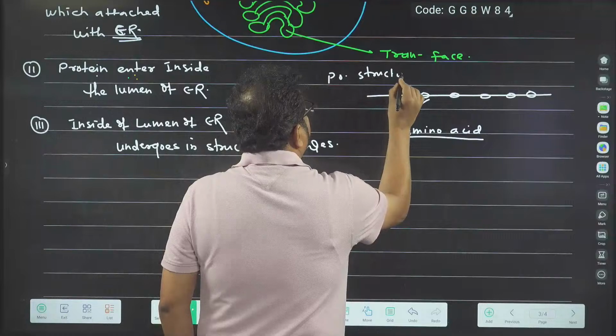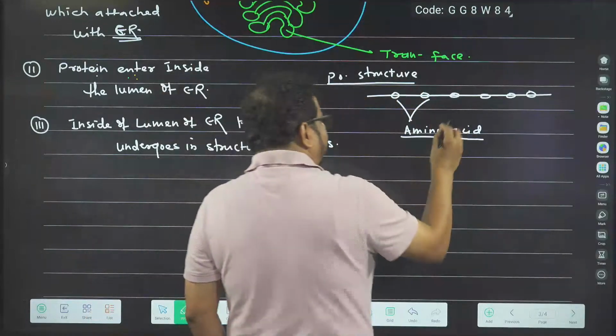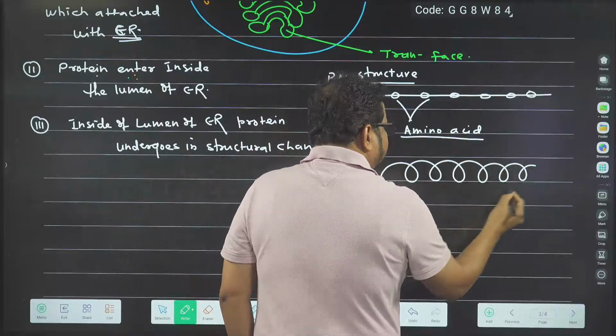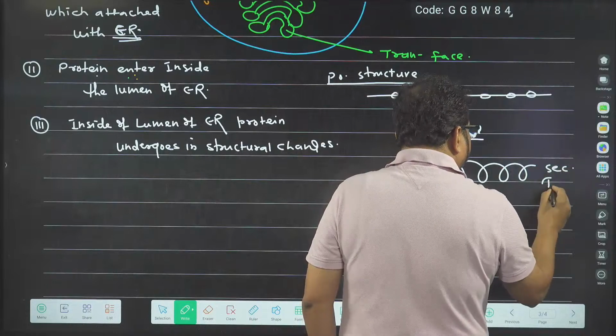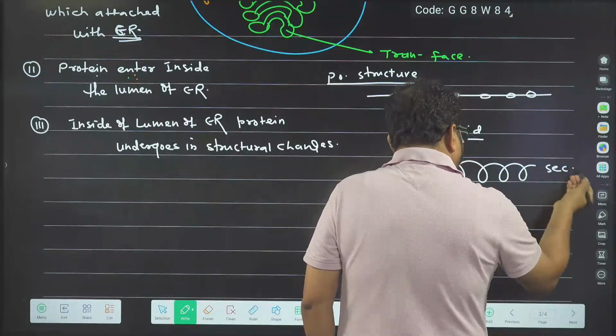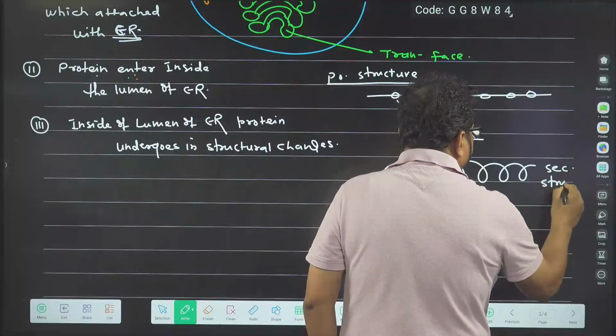The primary structure of the protein looks like a thread of wool. So it is a thread-like structure. When it is folding like this, it becomes the secondary structure. There are many other types of secondary structure, but I am not telling everything right now. There is a respective chapter where I will deal with secondary structure.